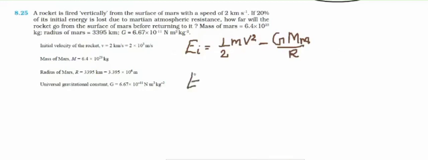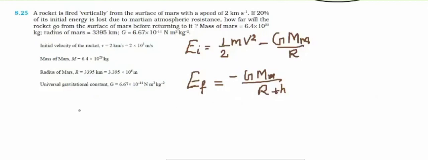And final energy, when it returns back, it reaches the highest point. At the highest point, there is no kinetic energy, only potential energy. So we can have minus G M m divided by R plus h, where h is the maximum height attained from the surface of Mars.